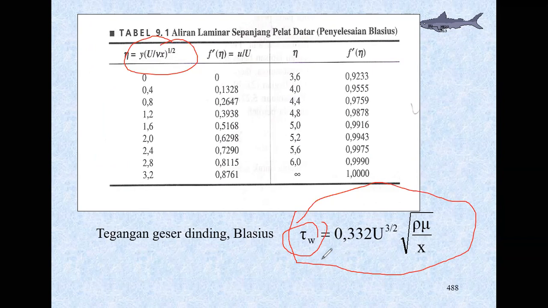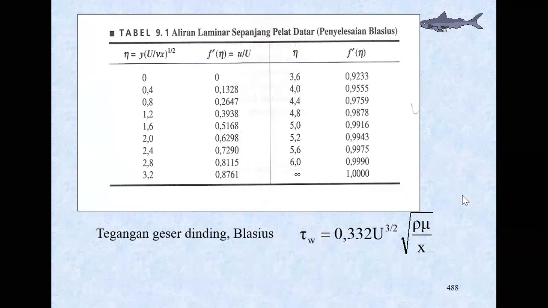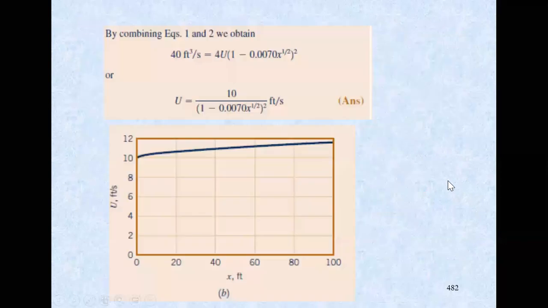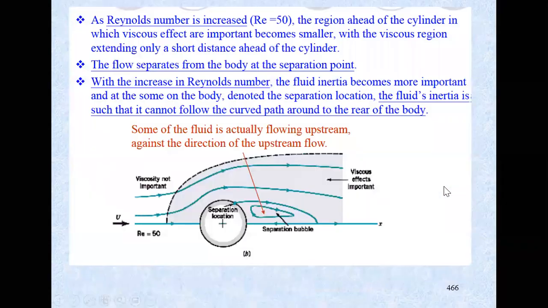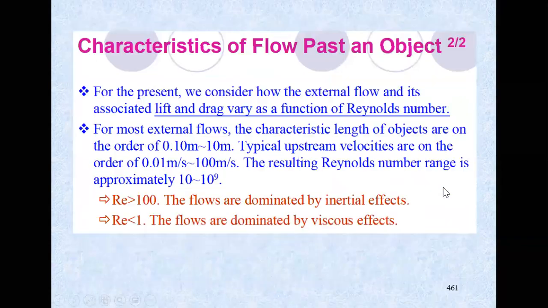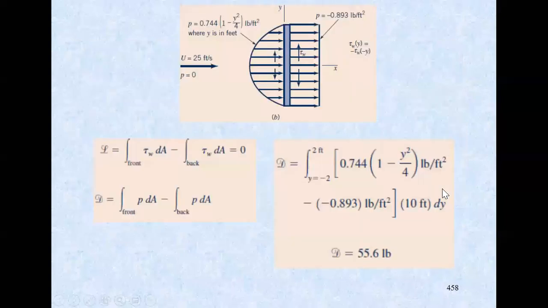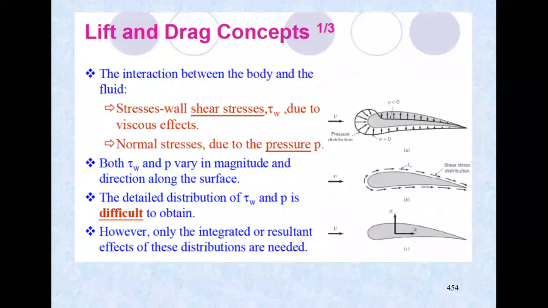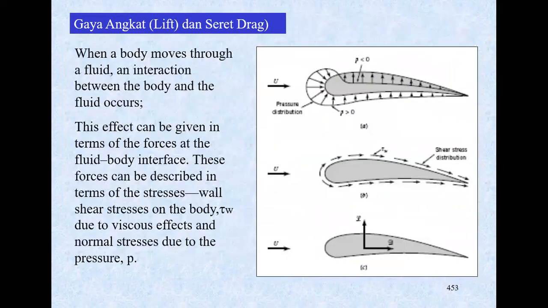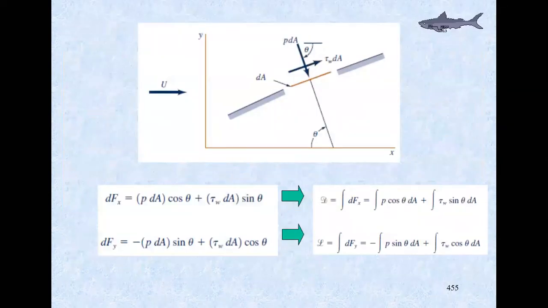Okay, I think that's all for today. Any questions? No? Okay, a quick recap. We have discussed the characteristics of the flow, the forces acting on a body immersed in the fluid flow, which consider the lift and the drag.